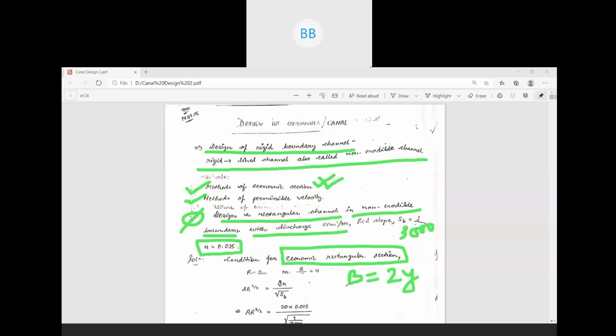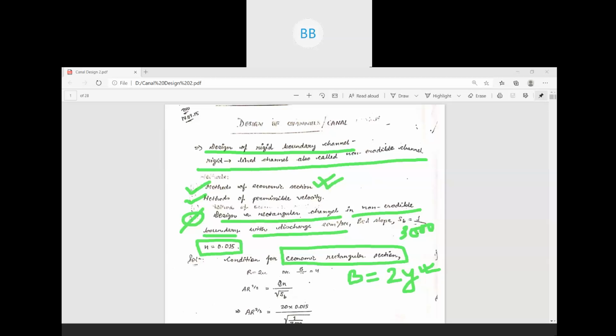This is the condition for the economic section of a rectangular section, which you have already studied in your lower classes, I think in third or fourth semester. We are going to use this expression to solve this numerical.